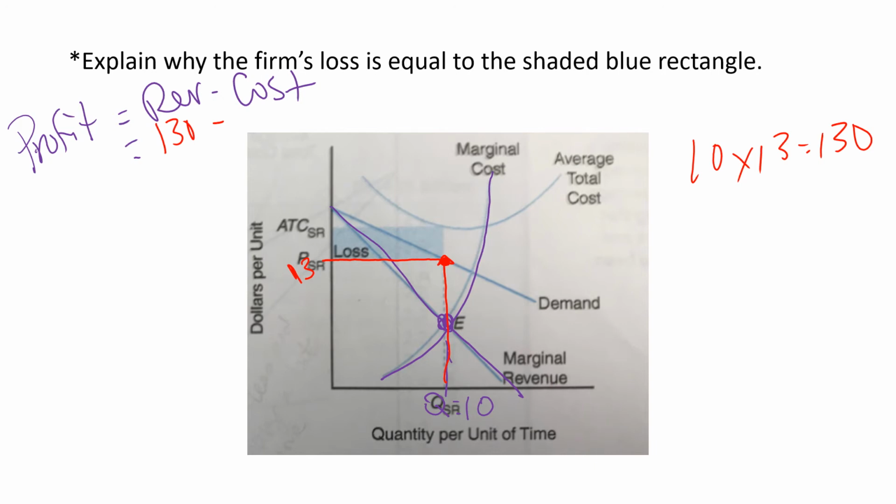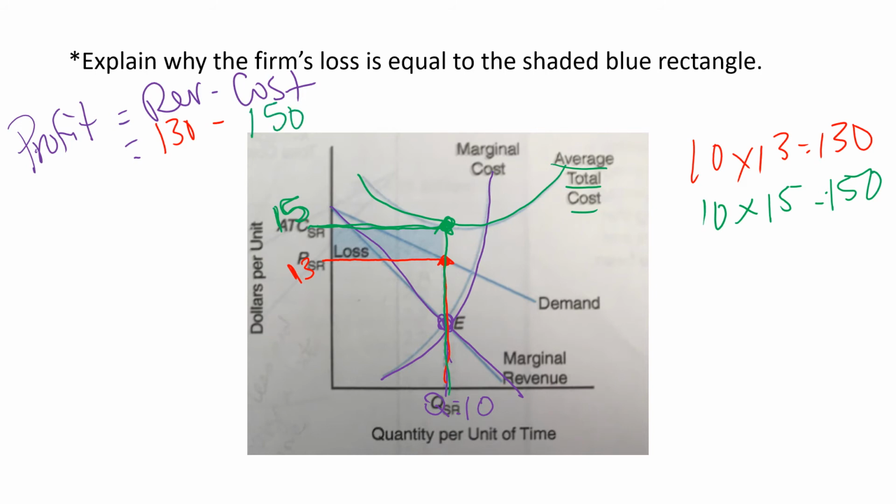Our cost, in order to find the cost at that quantity, we have to follow it all the way up to the average total cost curve. Once we hit the average total cost curve, we follow that horizontally over to see what that value is. Okay, I'm going to say that value is 15. So now it costs $15 a piece to make each of the 10, because that's the average total cost curve. So it's going to cost us $150.